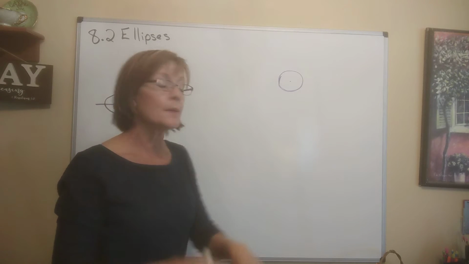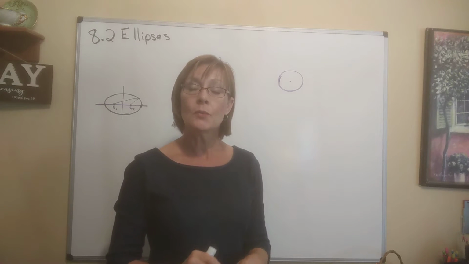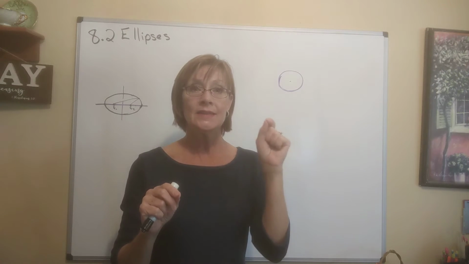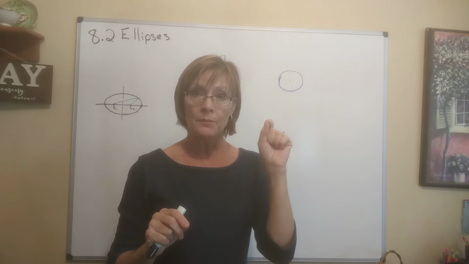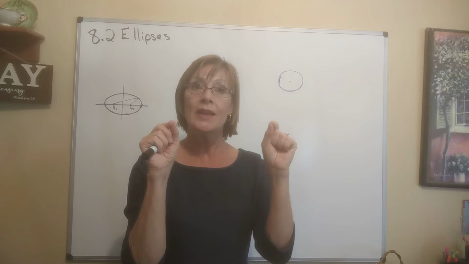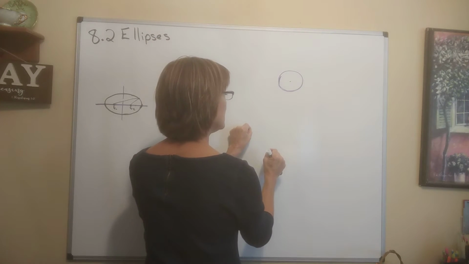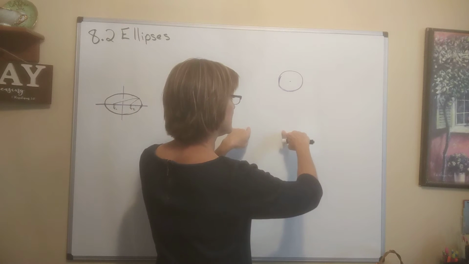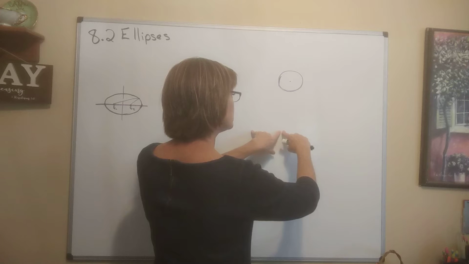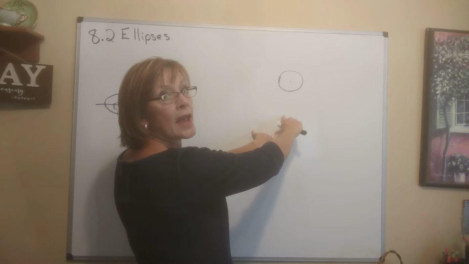Okay, an ellipse: imagine that you had a string with a pencil, but at one end of the string you had a pin, and at the other end you had another pin, and your pencil wasn't tied. You stuck a pin here at one focus and a pin here at the other focus. Then you took your pencil and pulled it until your string was tight, and then you started drawing.